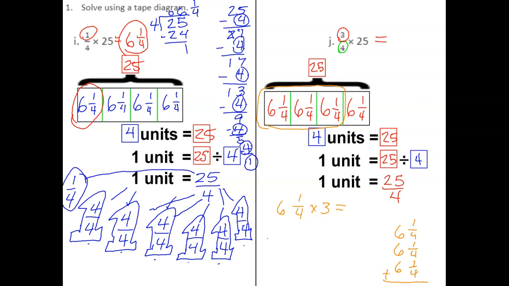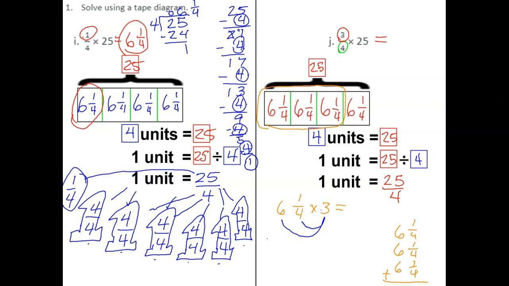All right, so either way will work. I'm just going to go ahead and do the multiplication. When you multiply mixed numbers times whole numbers, remember it's just like we are multiplying 2 separate things here. So we're going to multiply our fraction times 3 and then our whole number times 3.